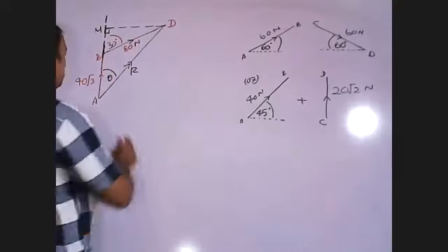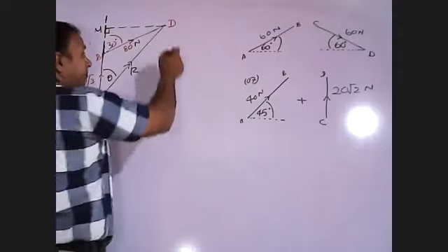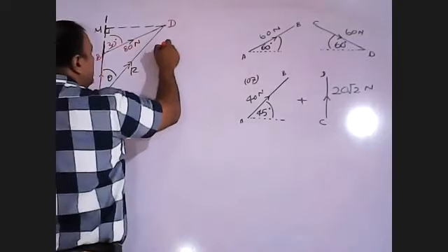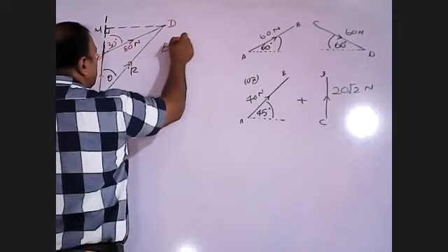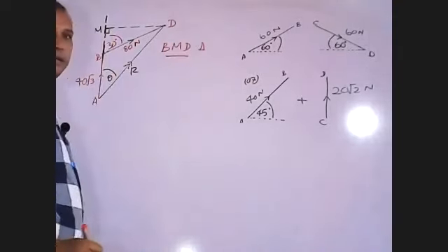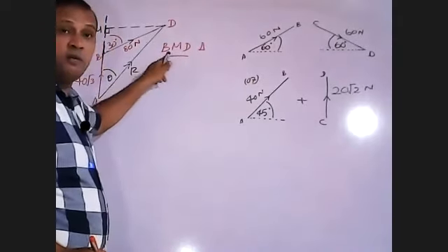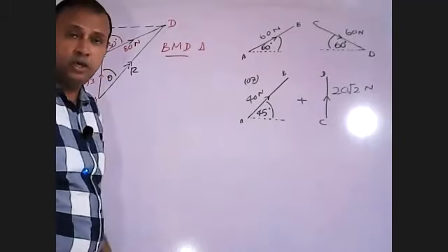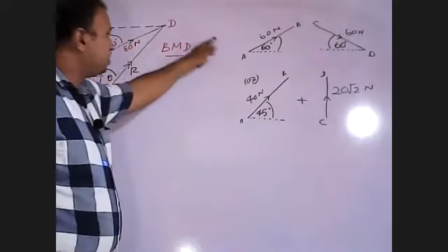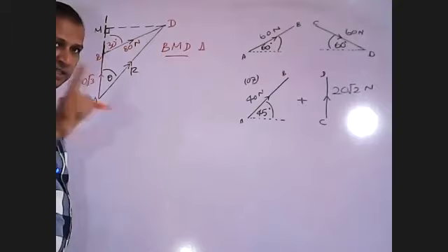Suppose you want to find MB and MD, then mention the triangle. It is a must. BMD triangle. Using BMD triangle. Then everyone knows you have used this triangle. That should be stated. That is a must.